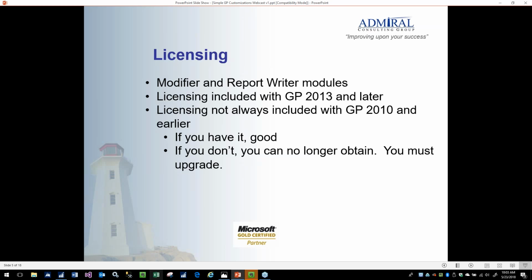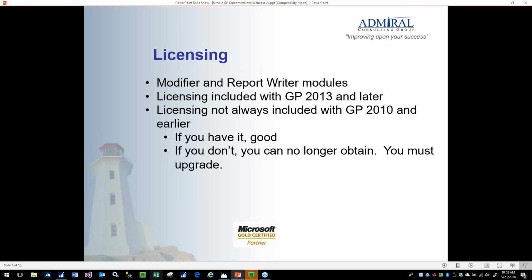In order to make customizations, you need to own or have licenses for the modifier and the report writer modules. If you're on GP 2013 or later, you have the licenses. They are automatically included as part of the starter pack. If you are on GP 2010 or earlier, you may or may not be licensed for the customization tools, the report writer and the modifier.